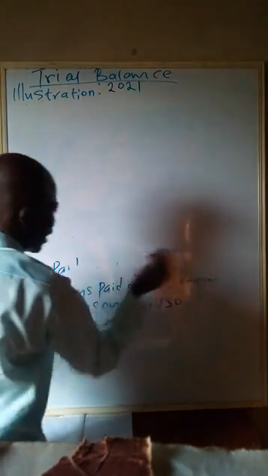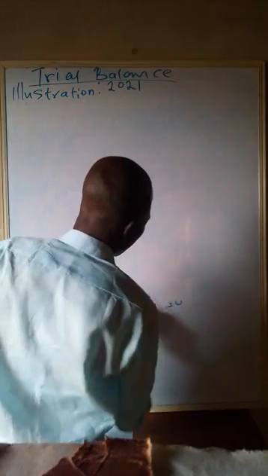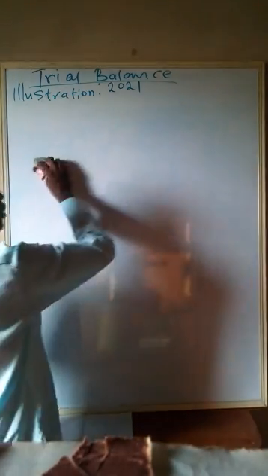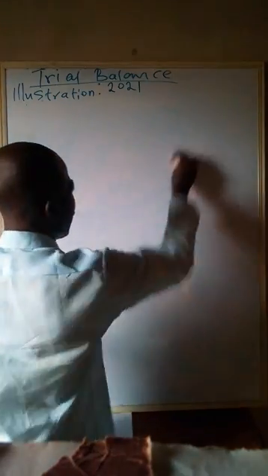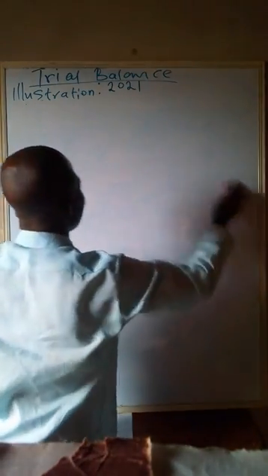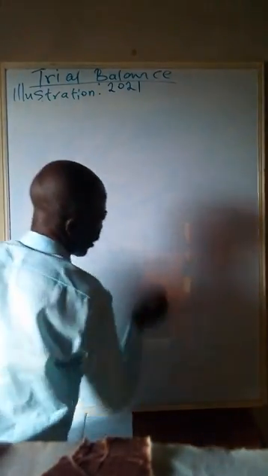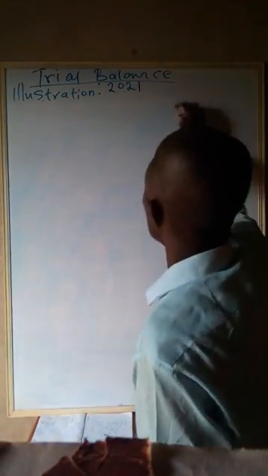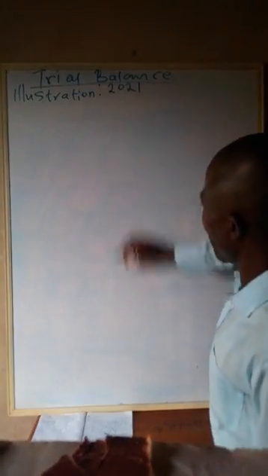You bring out the trial balance and make sure that it's balanced, and later you post it to P and L and the balance sheet to prepare the financial statements.